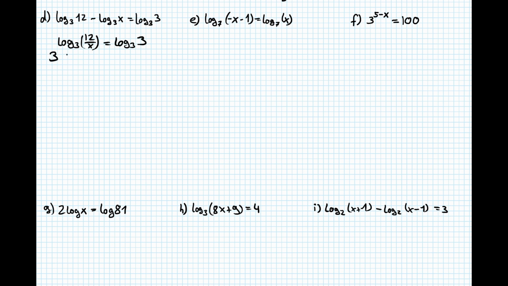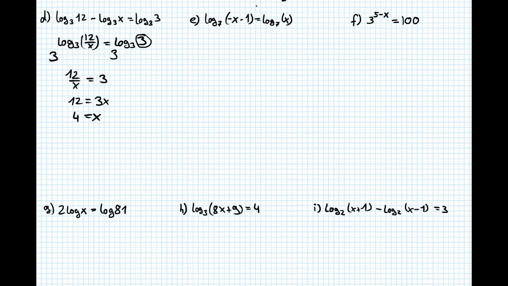If we just have 3 to the power of log base 3 of 12 divided by x, and the same on the other side, then these two here just cancel out, and you are left with 12 divided by x is equal to 3. Now 12 is equal to 3x divided by 3, so 4 is equal to x, and that's your final answer.